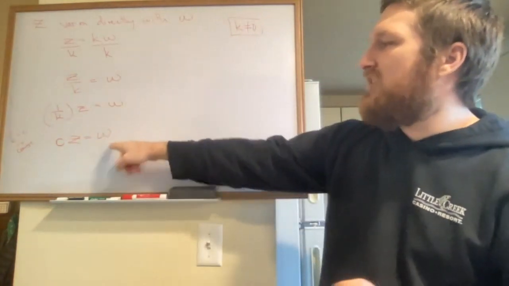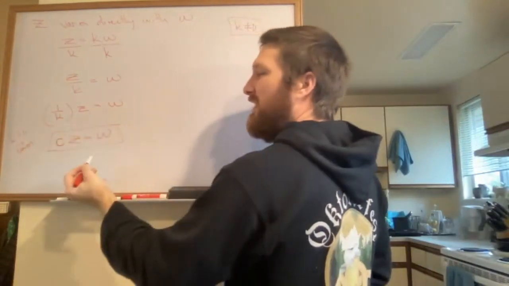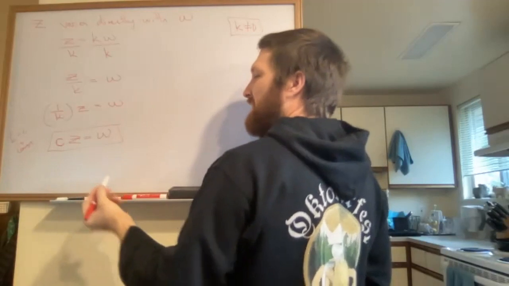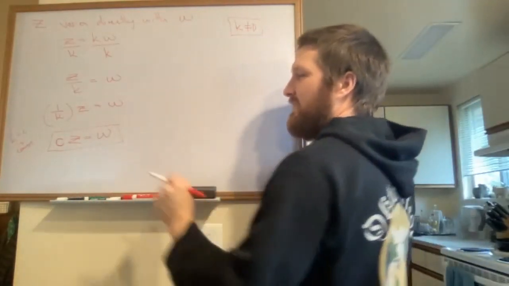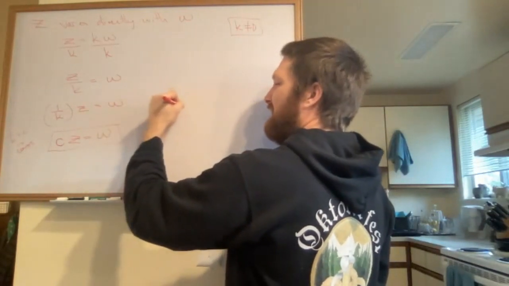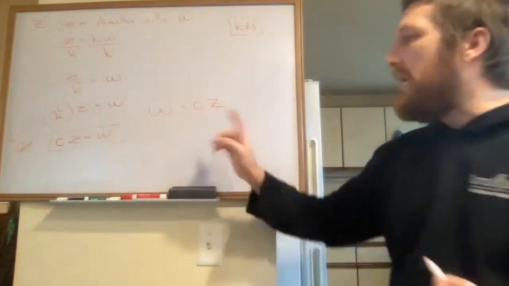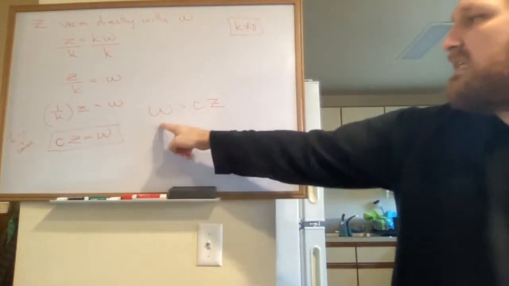This by definition means what? There's a constant. Maybe if I did it like this. Oh, so it varies directly? It means there is a constant such that I multiply that constant by that thing and I get that thing.